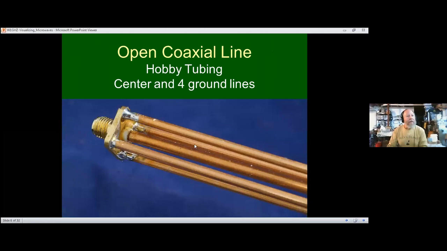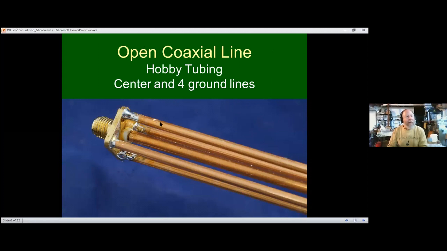Okay, so what I've made up is a little coax line, an open coax that we can probe along. This, you can see, has a center conductor and 4 return conductors.